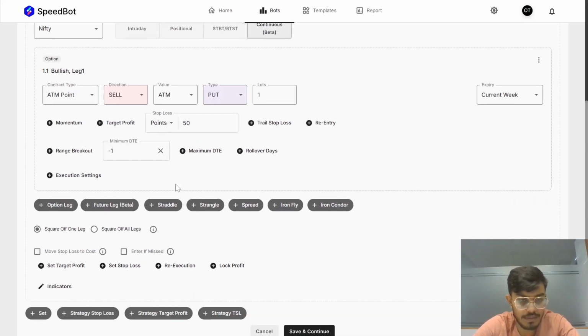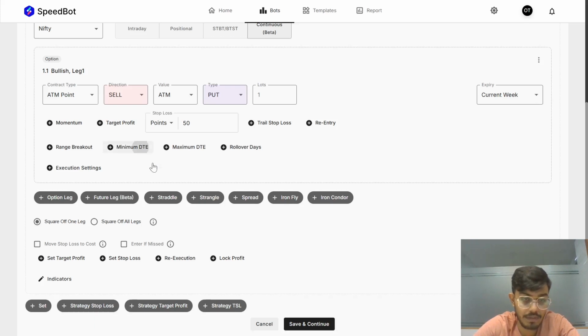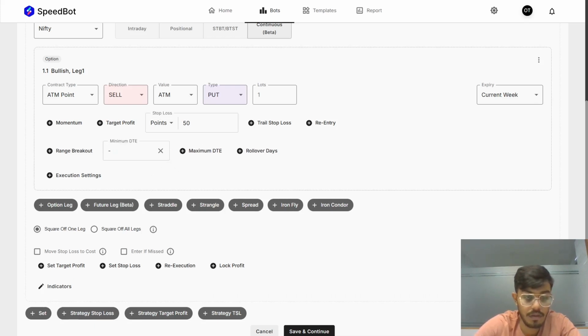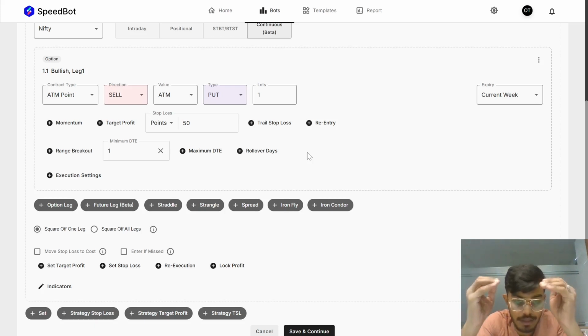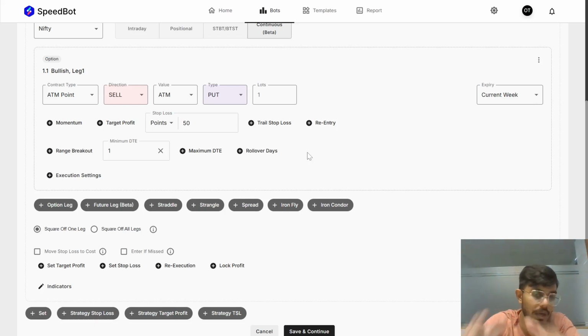If I select the continuous selection, what does this mean? Let us say that we are shorting the ATM put for current week expiry. But before the expiry day, 1 day prior to that, I would like to trade onto the next week expiry. Usually, on the day of the expiry, the premiums are pretty low.